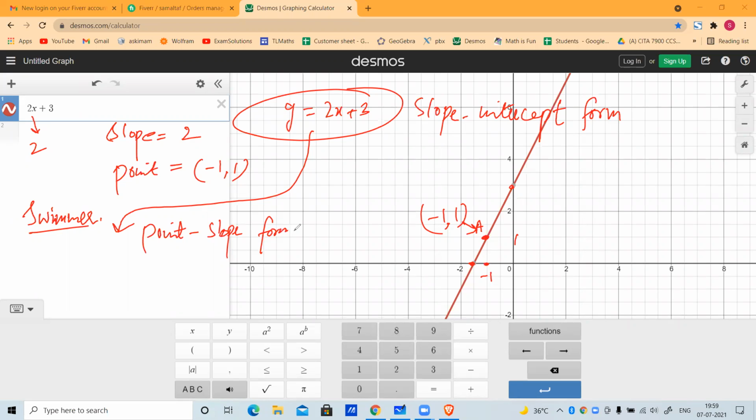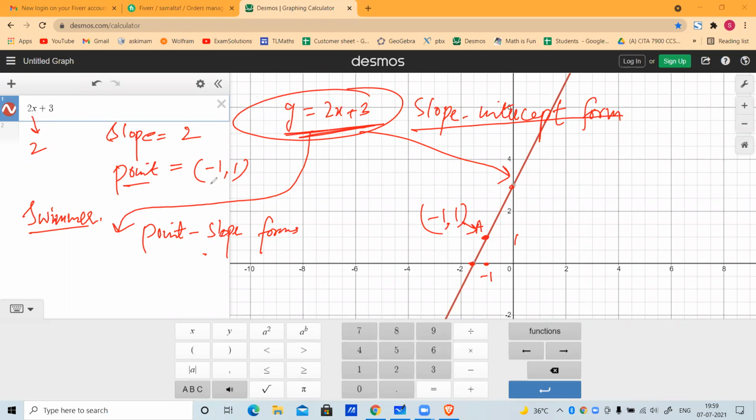There are different forms. Y equals 2x plus 3 is this line, expressed in slope intercept form. It can also have point slope form, where it is expressed in terms of a point and slope. I'll tell you how to express it in terms of point and slope.